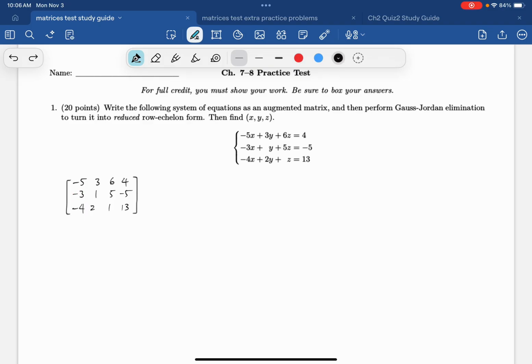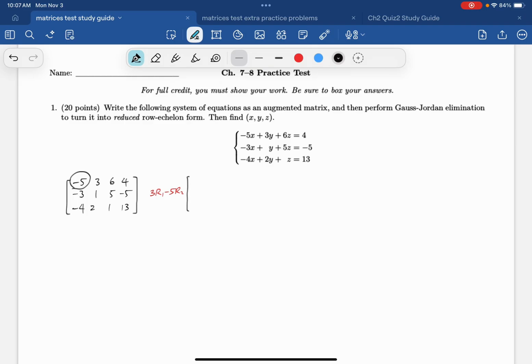Looks like the best way to do that would be to do 3r1 minus 5r2. Okay, the reason is that that is going to be negative 15 here minus, sorry, what?